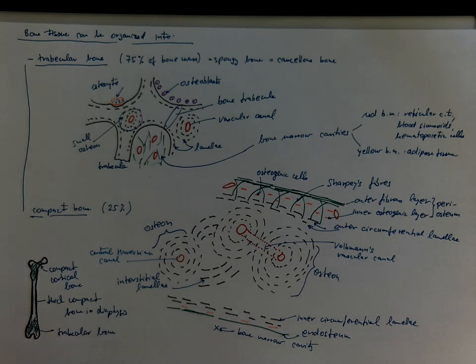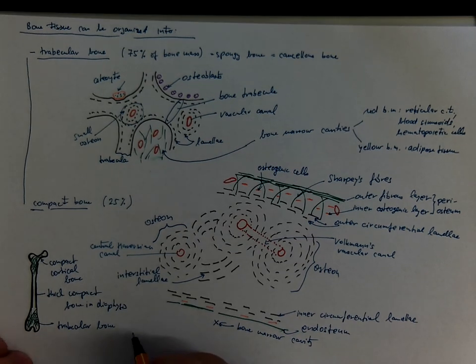A special pattern is found in the flat bones of the skull vault, where the outer and inner cortical lamina surround the trabecules of the spongy bone in the middle.